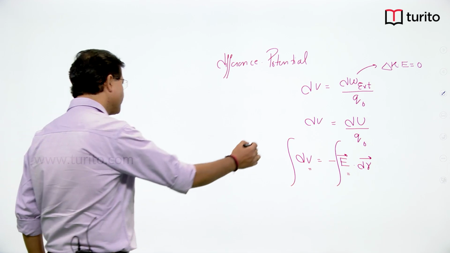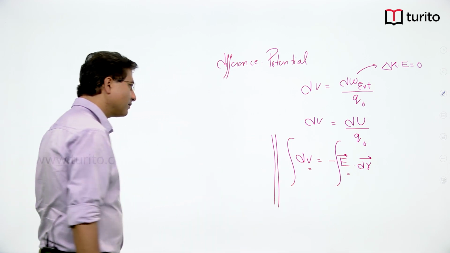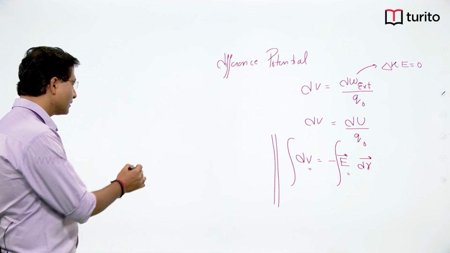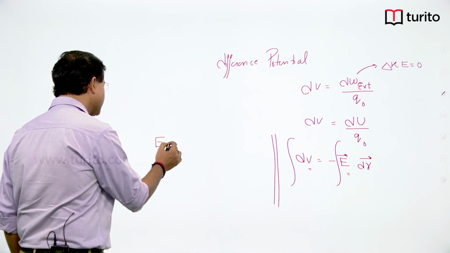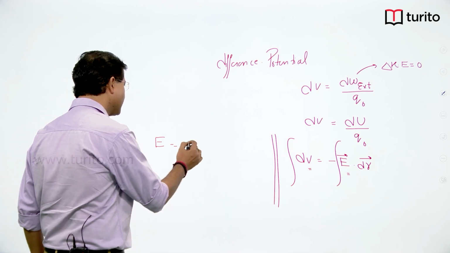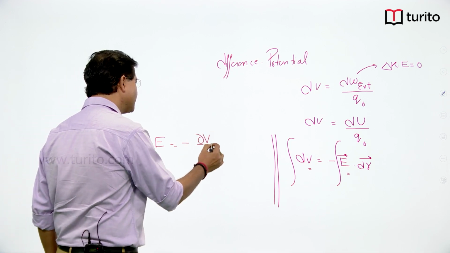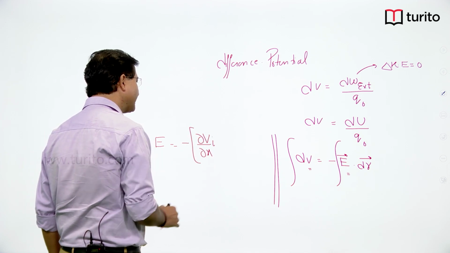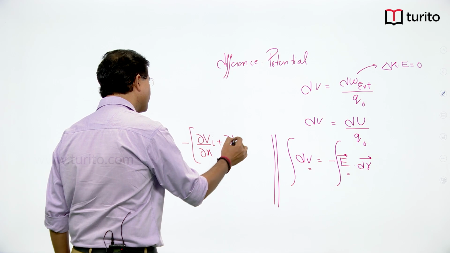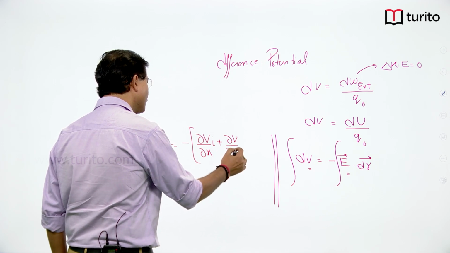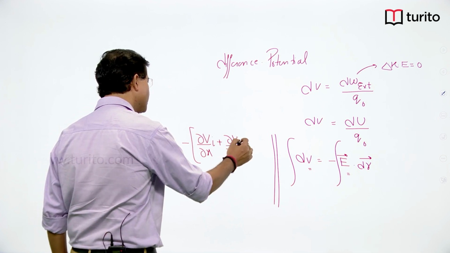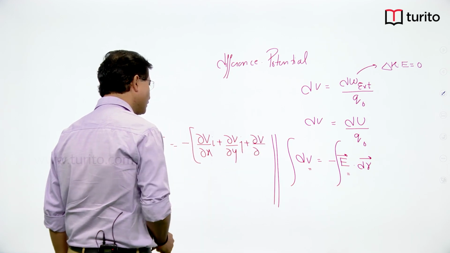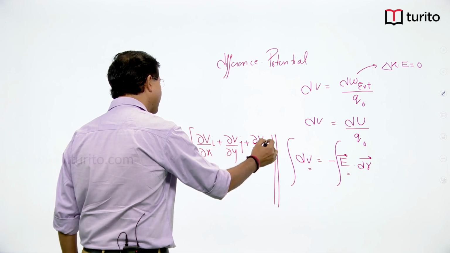Similarly, if potential is given and you want to find out field in a space, then the procedure is: differentiate potential with respect to x partially, put i cap, then differentiate potential with respect to y, put j cap, and differentiate potential with respect to z partially and put k cap.